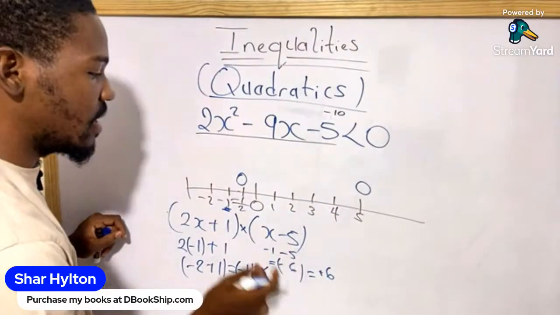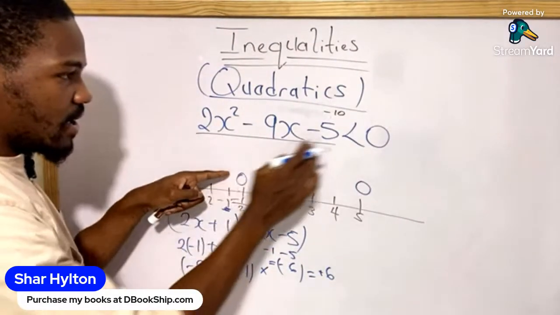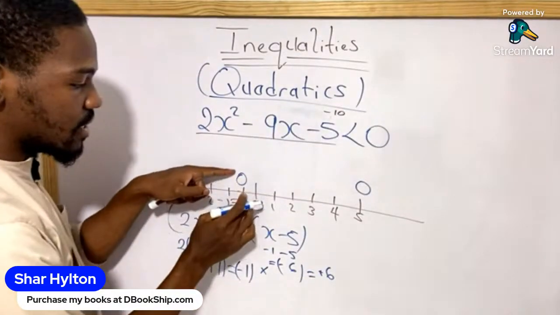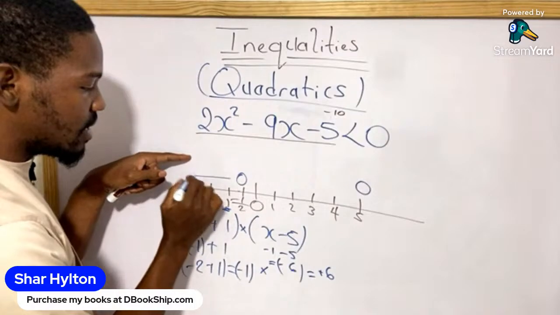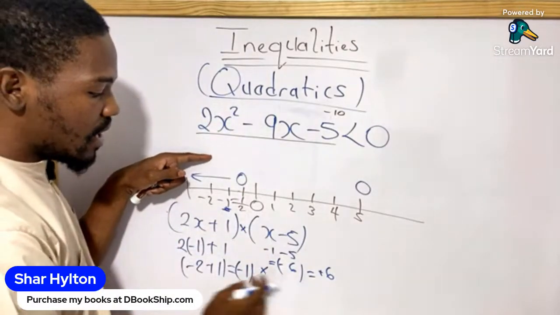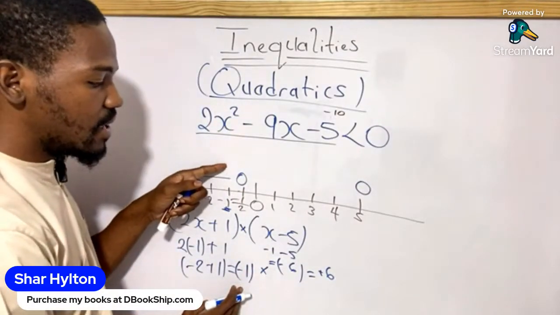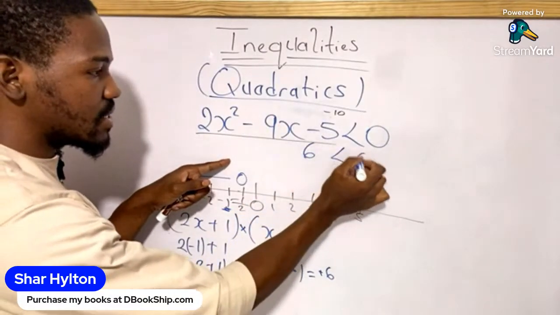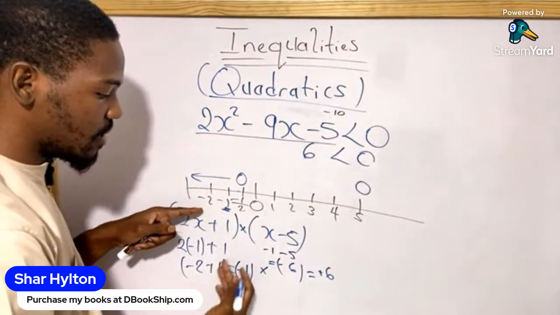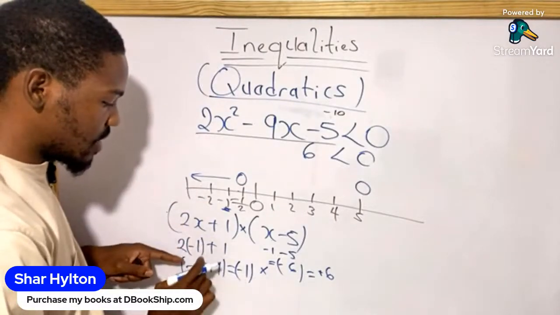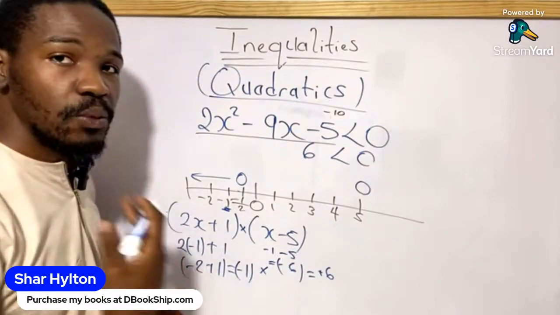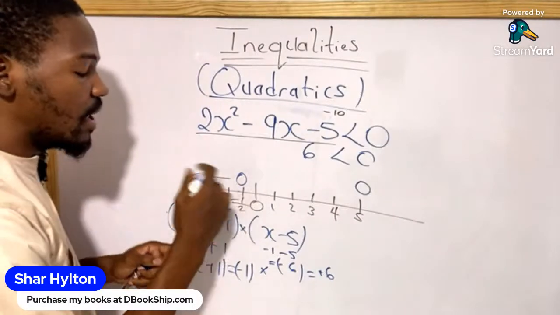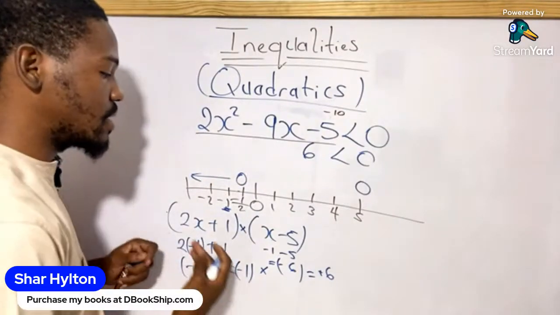So this would be saying 6 is less than 0, given that we choose x to be -1. So we can't say that the range of values of x is less than -1/2.